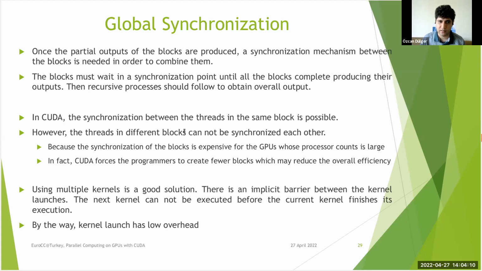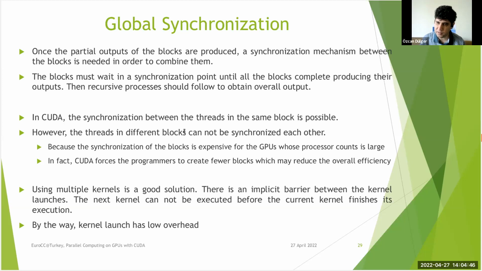Why? Because the synchronization of the blocks is an expensive process for the GPUs, and in fact, CUDA forces the programmers to create fewer blocks, which may reduce the overall efficiency. So how can we synchronize the blocks with each other? Using multiple kernels is a good solution.